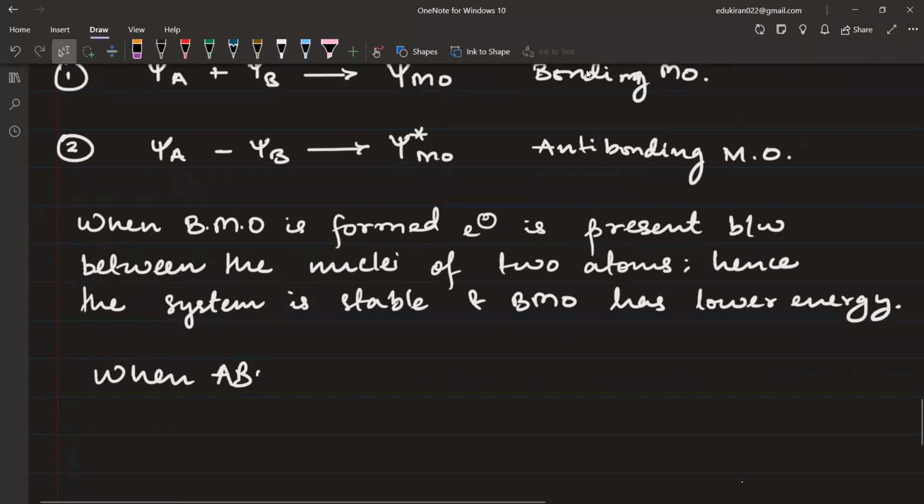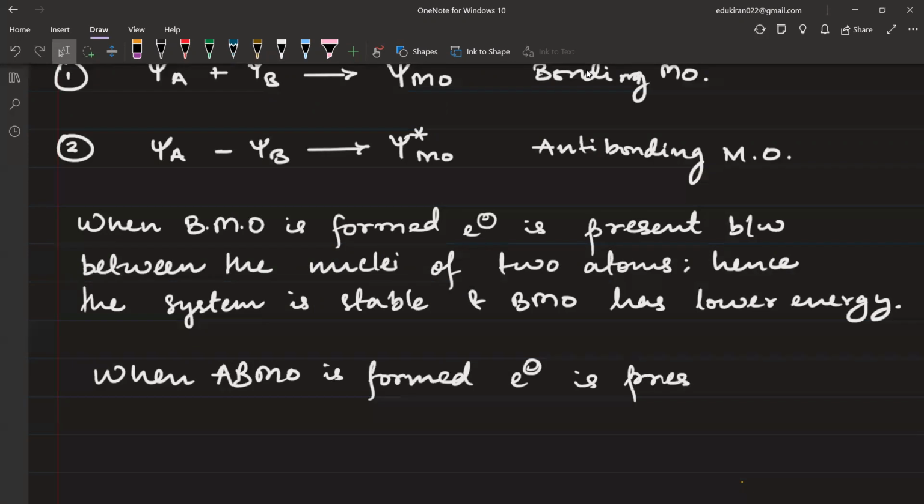When ABMO is formed, electron is present. क्या लिखे इसके लिए? Between का उल्टा क्या हो जाएगा? Either I can write electron is not present, लिख देते हैं ना, ज़्यादा बेहतर होगा.